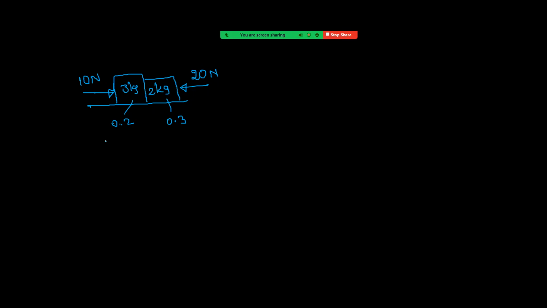So here the first condition: the system does not move. Okay. That means on each block, net force must be equal to 0. Let us take a free body diagram separately for each block.